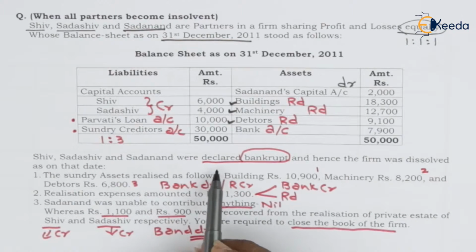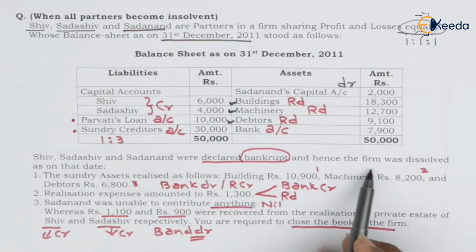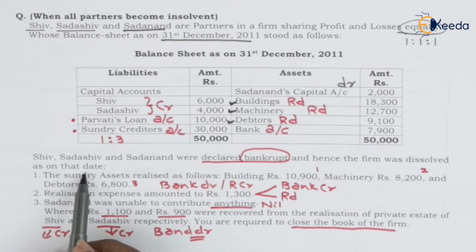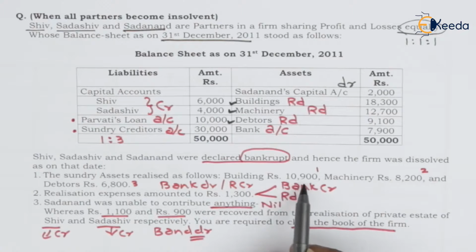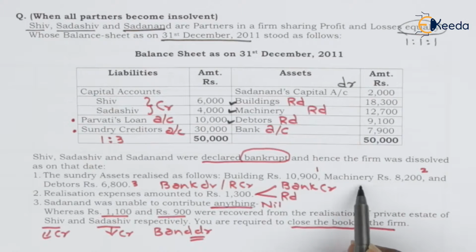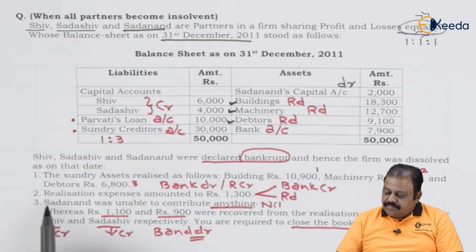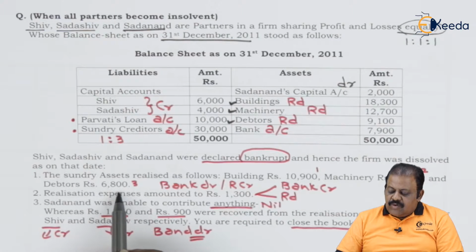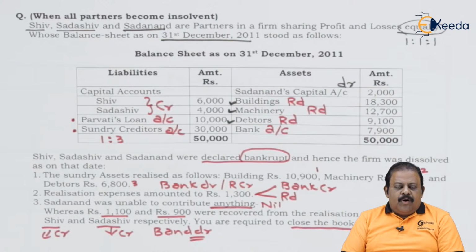Shiv, Sadashiv and Sadanand were declared bankrupt and hence the firm was dissolved as on that date. The sundry assets realized as follows: building 10,900, machinery 8,200, debtors 6,800. Amount is received, so cash bank account will be debited and realization account will be credited.